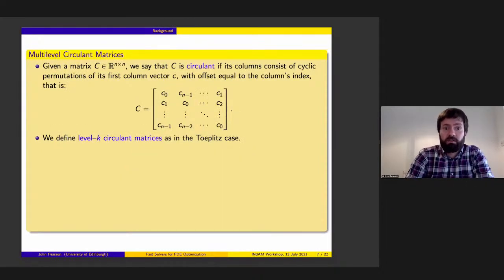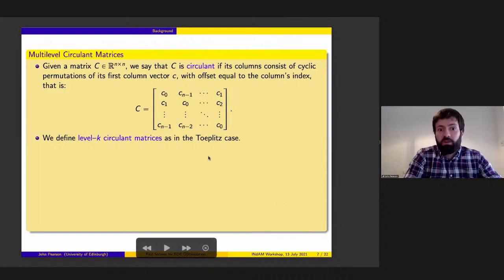Similarly, we can generalize the notion of a circular matrix. A circular matrix is a Toeplitz matrix, but it has the additional property that its columns consist of cyclic permutations of its first column vector. What this means is that if you have an entry C1 on the lower triangular, for example, C1 also has to appear on the top right.